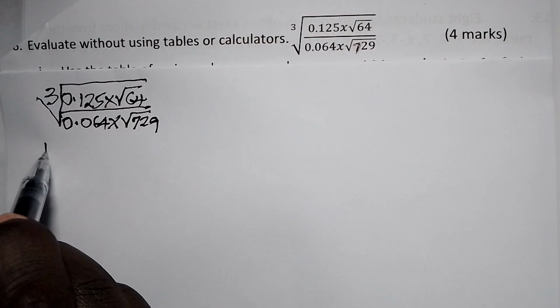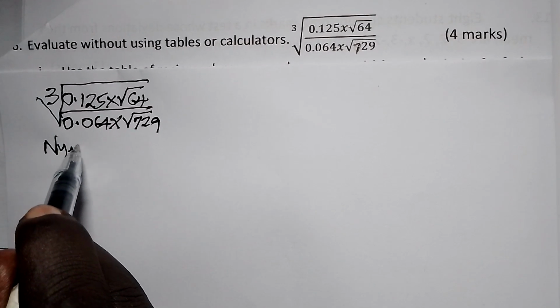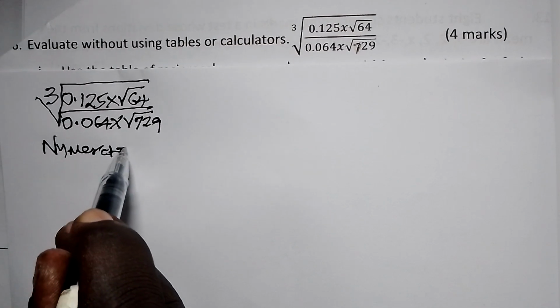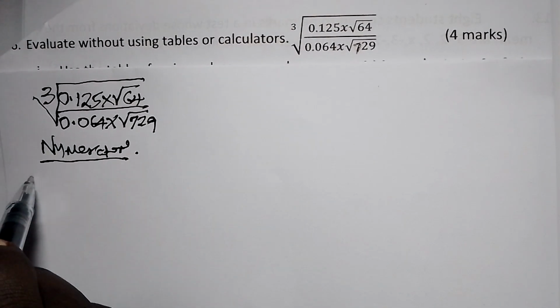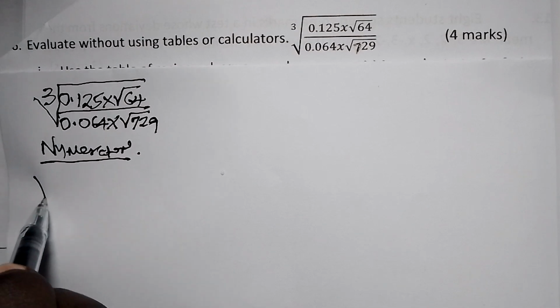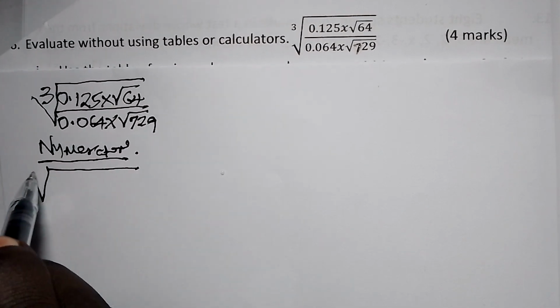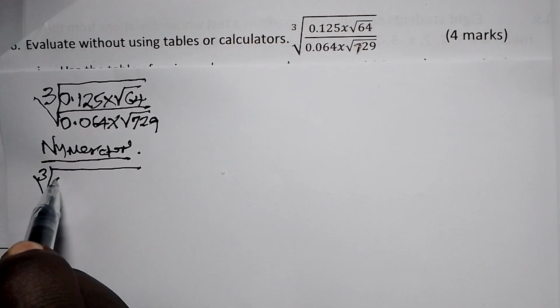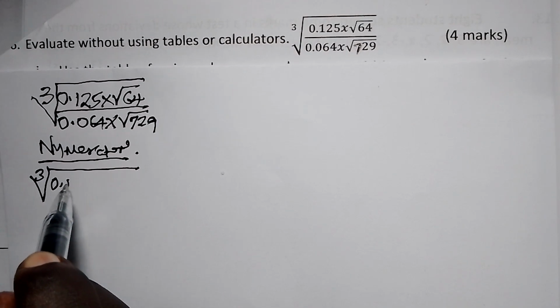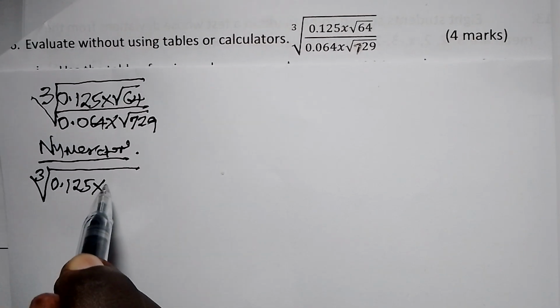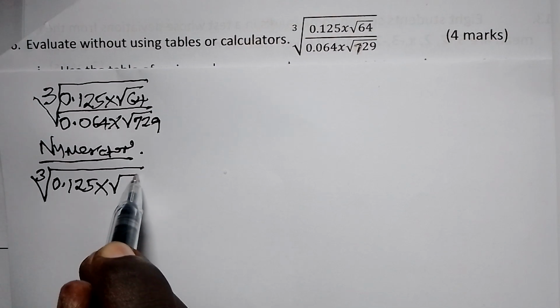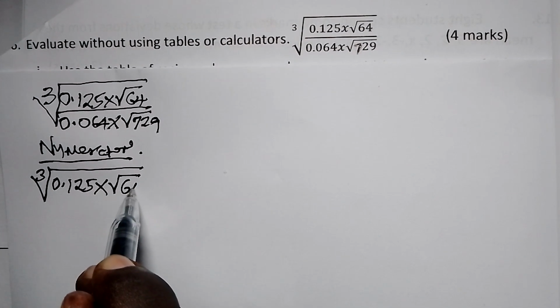We start with the numerator, and when we work out the numerator, we shall have this as the cube root of 0.125 multiplied by the square root of 64.